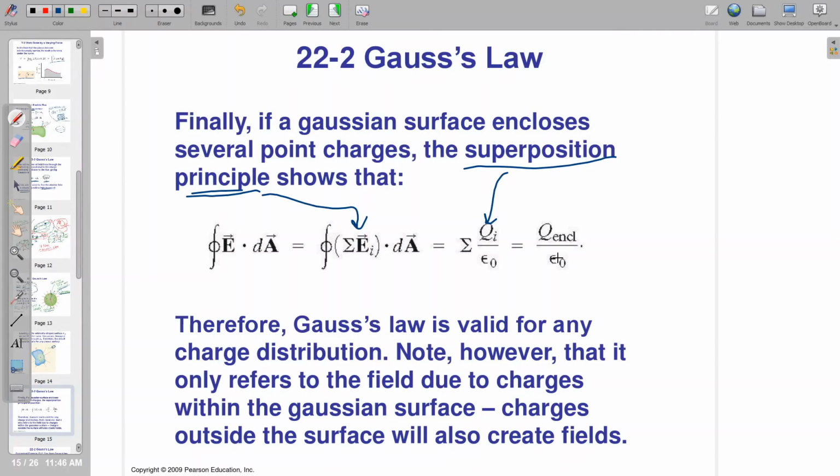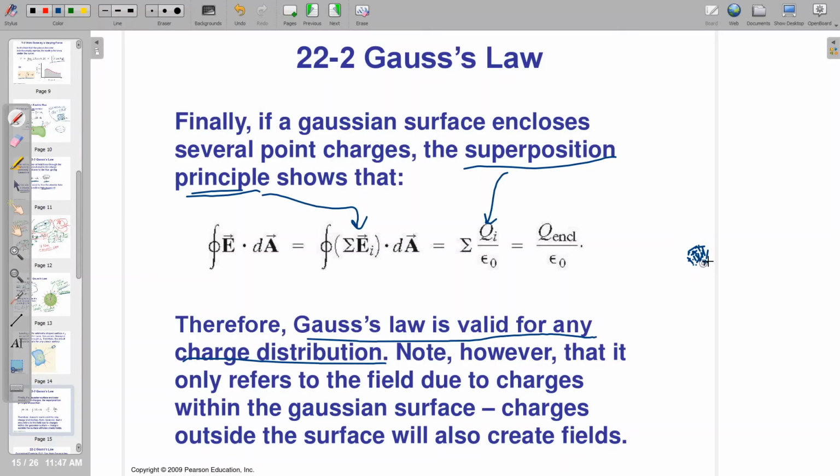So what that means is Gauss's law can be shown to be valid for any charge distribution, because any charge distribution can be thought of as a series of different point charges. You can always take a whole bunch of different points together to define some surface or some sphere.